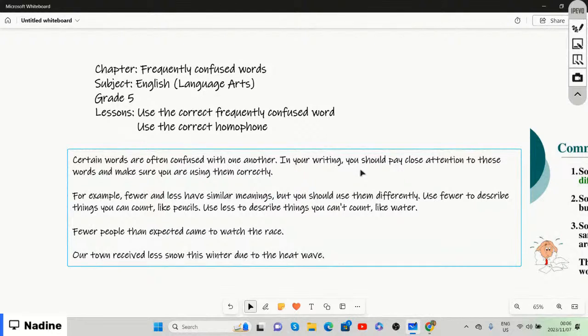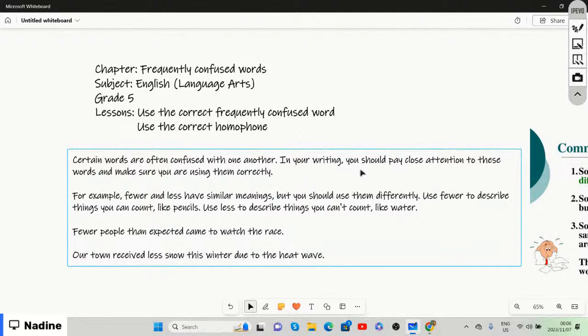All right, so certain words are often confused with another word, and most times the words are confused because they either sound the same or look the same, meaning in the sense of spelling. There's either one or two letters that are different. So when we are writing, we should definitely pay very close attention to these words.